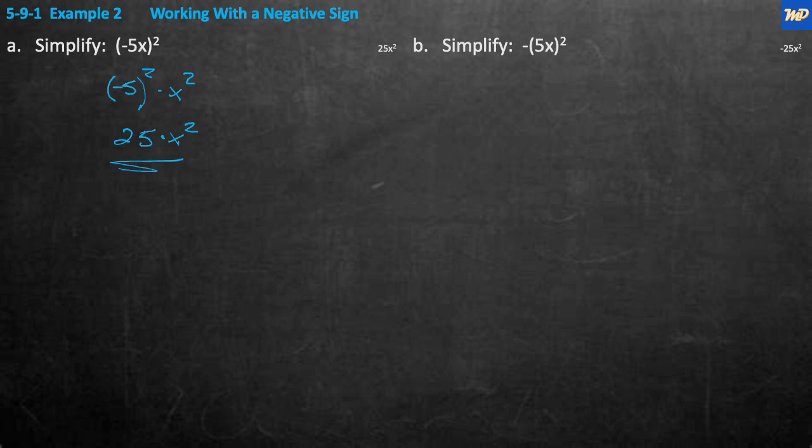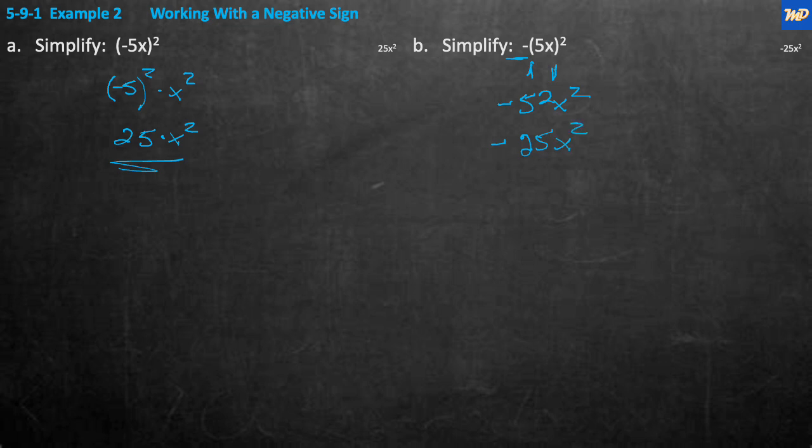The square goes with the parentheses, here and here. The square goes with those and what's inside. The negative sign is outside the parentheses, so you don't include it in the square. So it's negative 5 squared x squared, and 5 times 5 is 25.